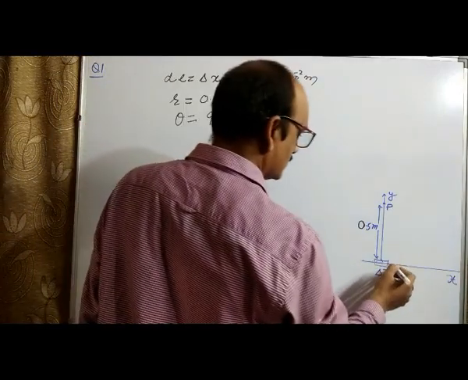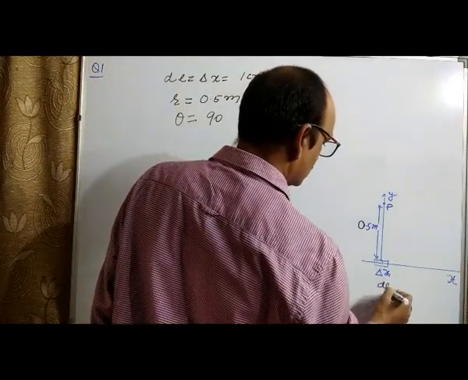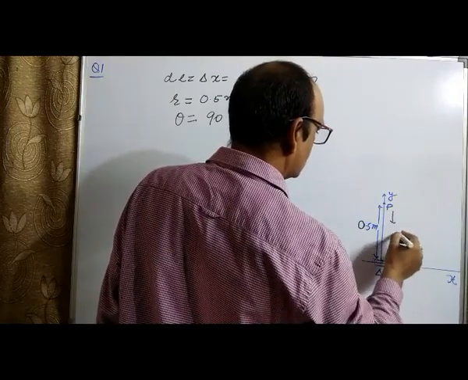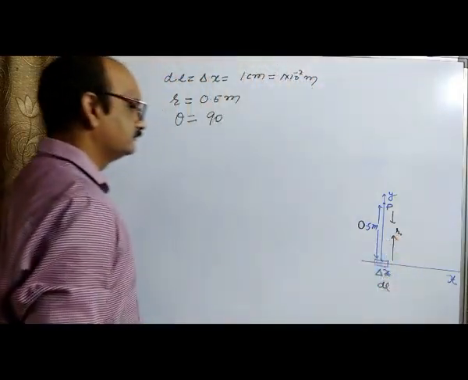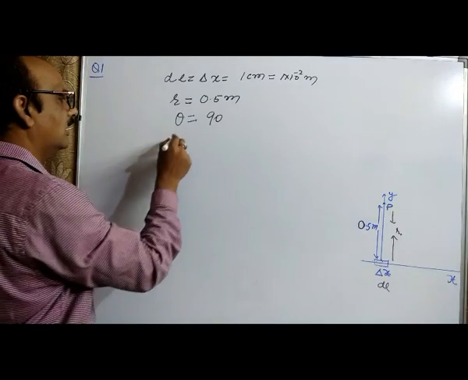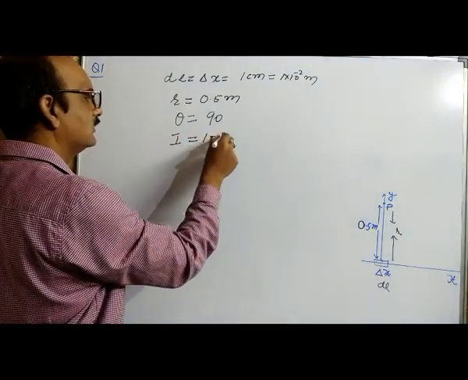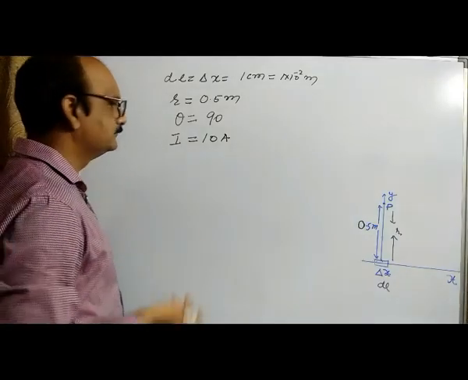Remember, this is DL and this is R, right? I, which is passing through DL, is 10 ampere.